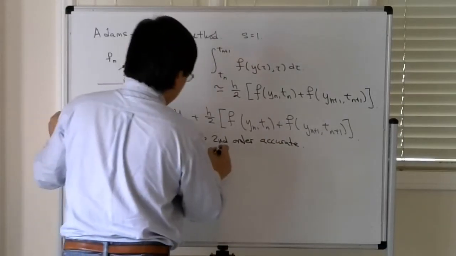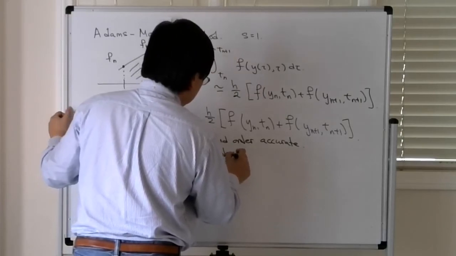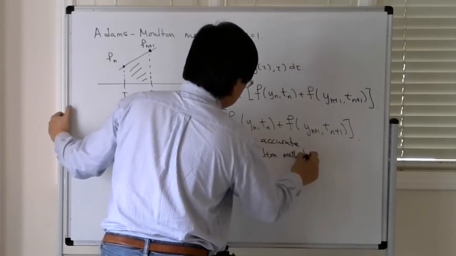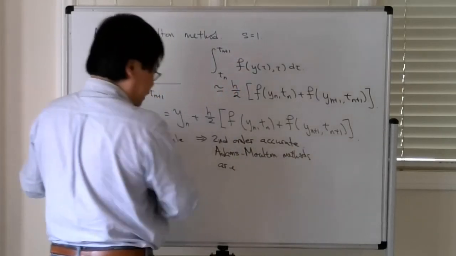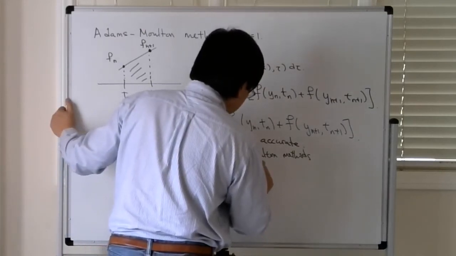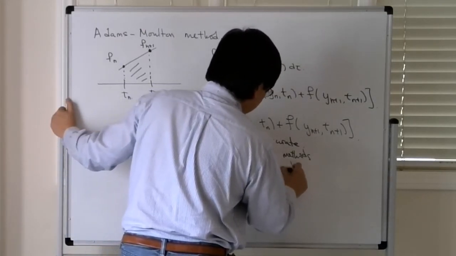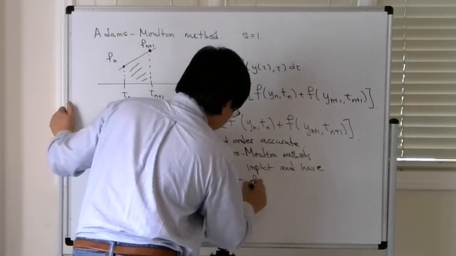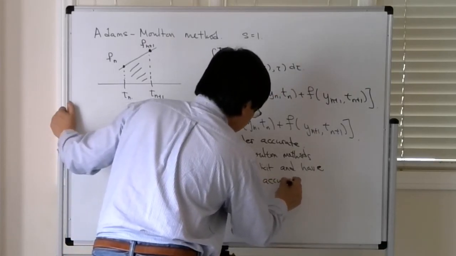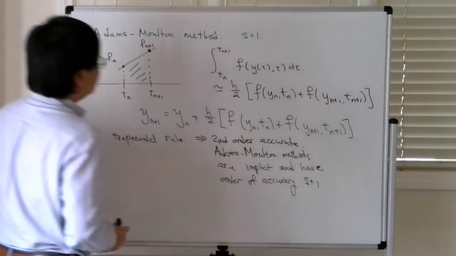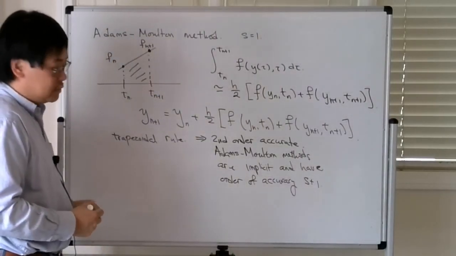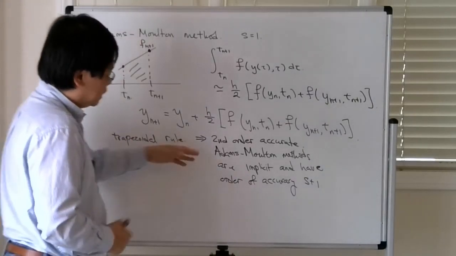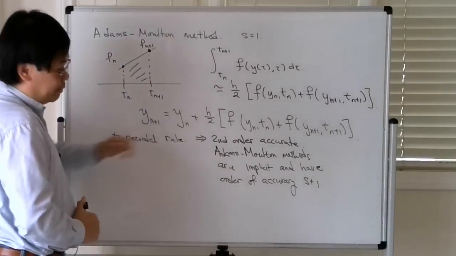In general, Adams-Moulton methods are implicit, as is the case with the trapezoidal rule, and have order of accuracy s plus 1. So the Adams-Moulton method for s equal to 1 has order s plus 1, which is order 2. And that's perfectly consistent with what we already know about the trapezoidal rule.